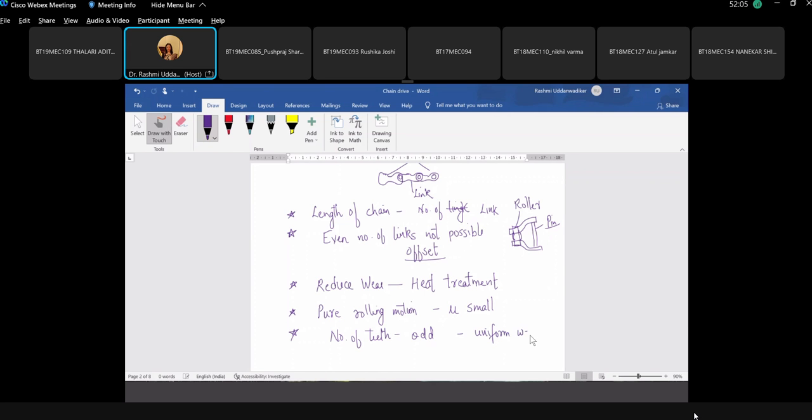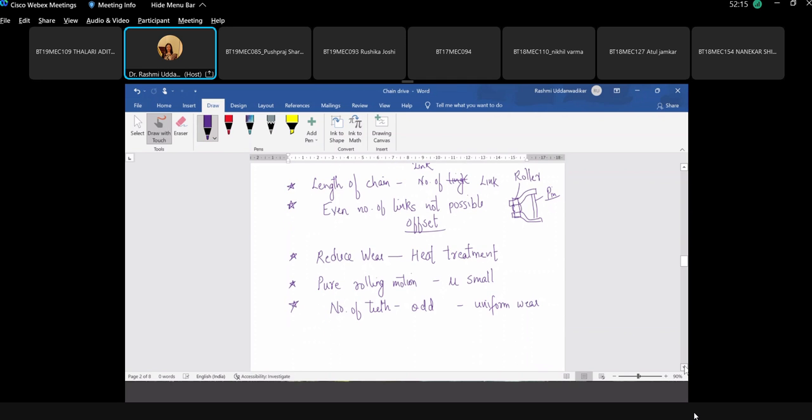It will not be non-uniform wear. So this is observed from a number of experiments. With an even number of teeth, the wear is not uniform. So a few teeth would undergo more wear, other teeth would undergo less wear. So if you want the teeth of the sprocket to undergo wear uniformly, then the number of teeth must be an odd number.